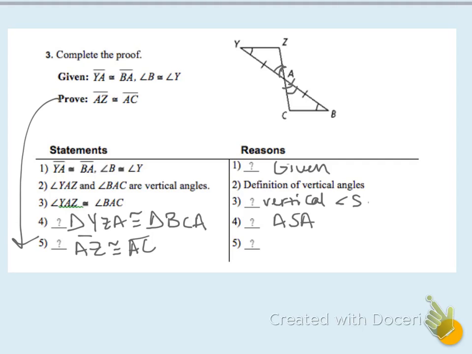So that means all of my corresponding parts should be congruent, so all we have to do is put our little CPCTC in. So we put our little CPCTC in because any corresponding part is now going to be congruent because we proved my two triangles were congruent.